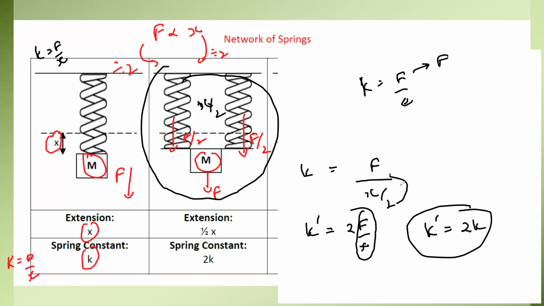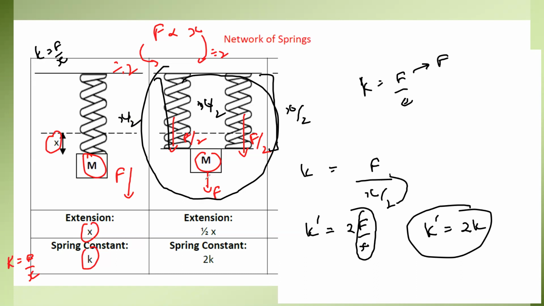So for this system, we need more force to stretch as compared to a single spring. And the extension of the whole system is not X, because if this spring stretches by X by 2, this will also stretch by X by 2.